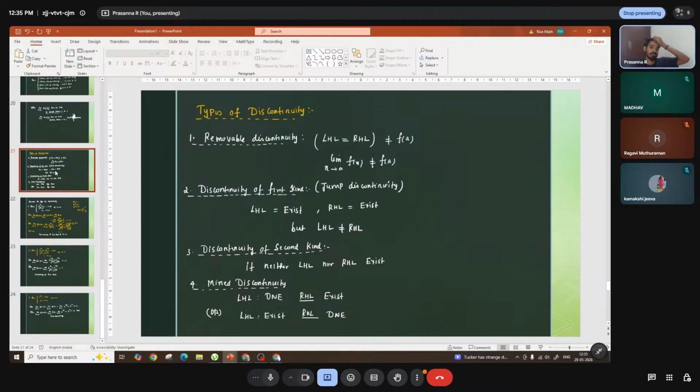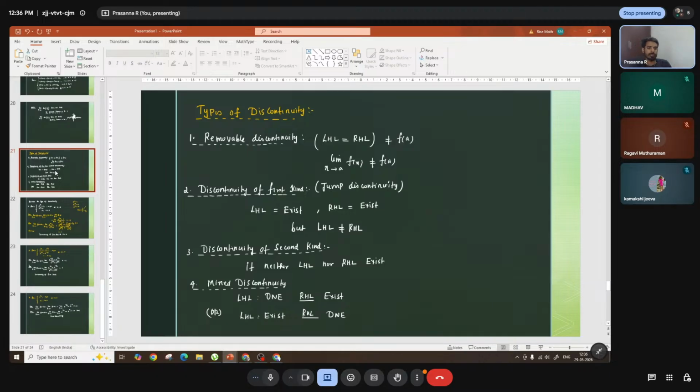Okay. Got it. Discontinuity of second kind means the limit as x tends to a minus of f of x does not exist, and the limit as x tends to a plus.